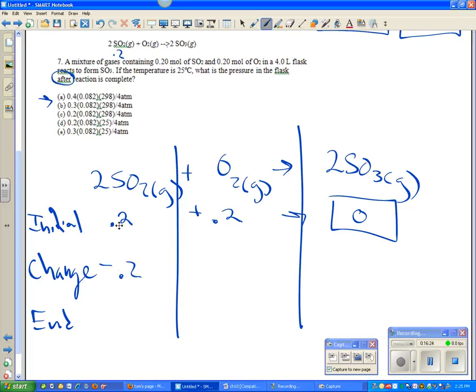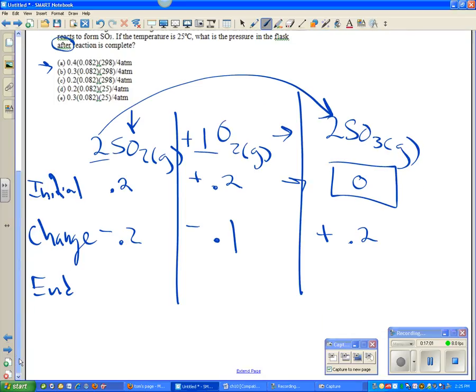You consume all of that. But since this runs out before this will, you consume 1/2 as much oxygen, if there's a 1. So 1/2 the O2 that you did the SO2, so this is going to be minus 0.1. If you look, this is a 1-to-1 ratio right here, so if you had 0.2 of this, you're going to form 0.2 of this.